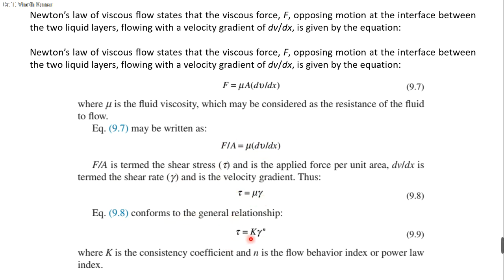Tau is equal to K multiplied by gamma to the power n, where K is the consistency coefficient and n is the flow behavior index, or the power law index.